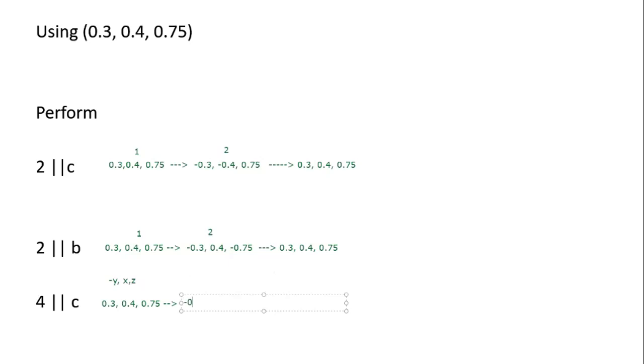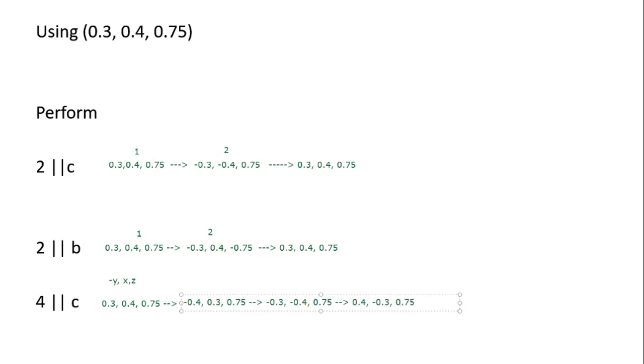So we have negative 0.4, 0.3, 0.75. We do it again. Again, we take the negative of our previous y value, negative 0.3, negative 0.4, 0.75. And then we do it again. So 0.4, negative 0.3, 0.75.